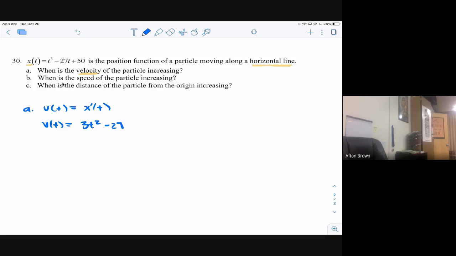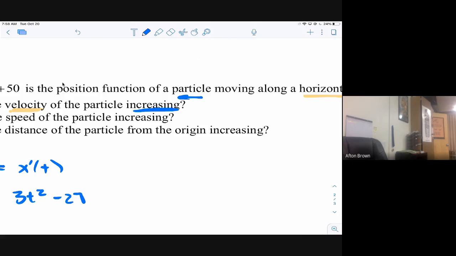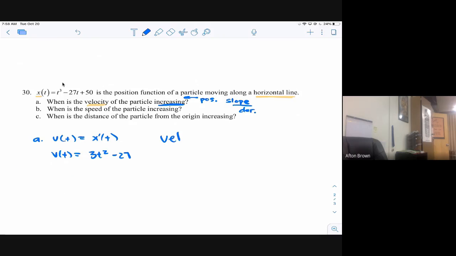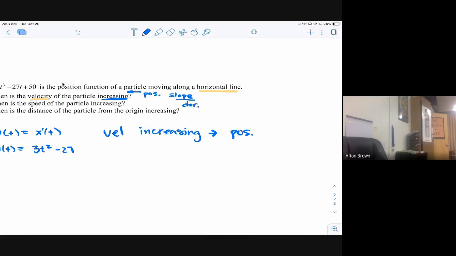When it says something is increasing, that means it has to have a positive slope. You guys agree with that? And slope is the derivative, so it needs to have a positive derivative. So when it says velocity increasing, that is equivalent to saying a positive acceleration. Does that make sense?